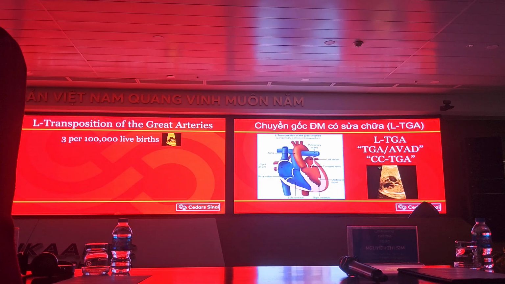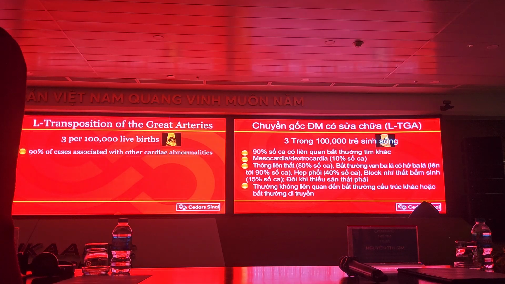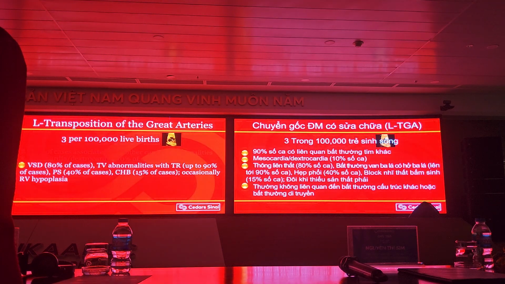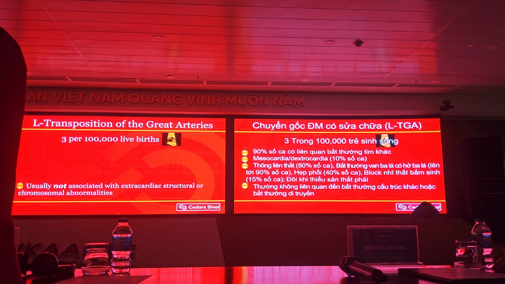So 3 per 100,000 live births, 90% of them at least will have other abnormalities in the heart. Some of them will have dextrocardia. Almost 80% will have VSDs. A lot of them will have tricuspid valve abnormalities like Epstein's. A lot of them will have pulmonary stenosis.